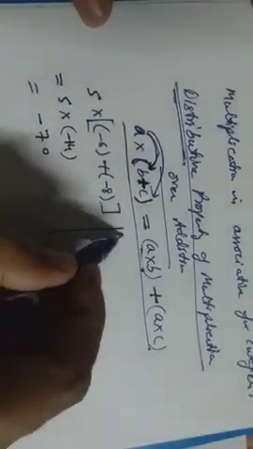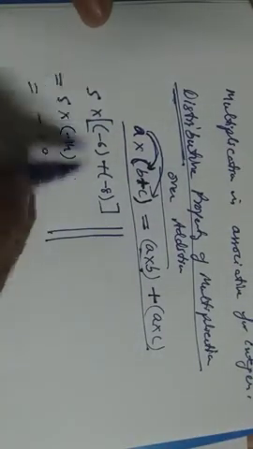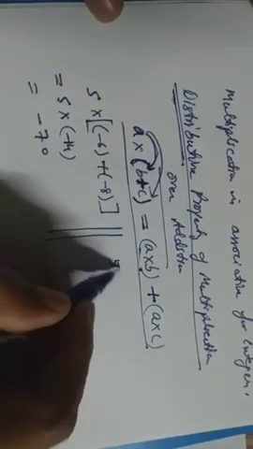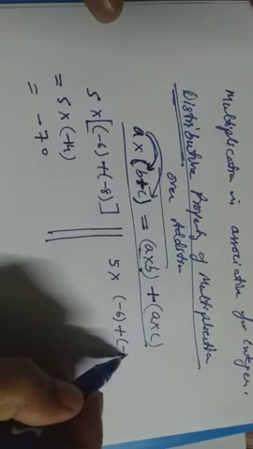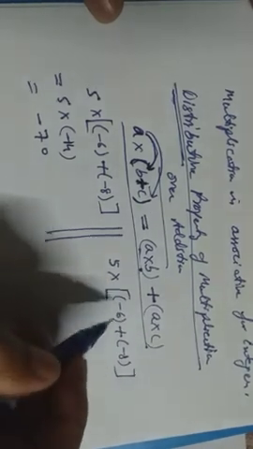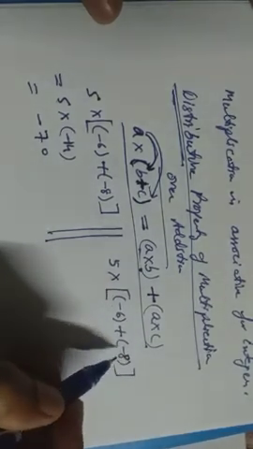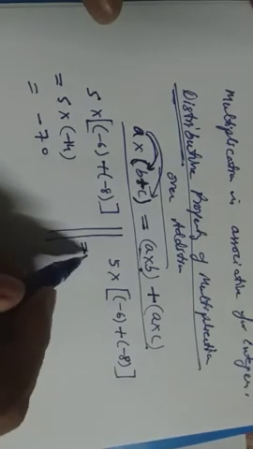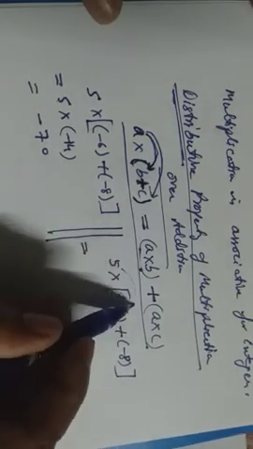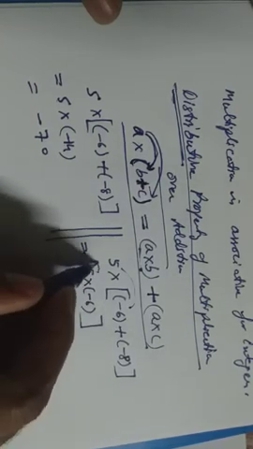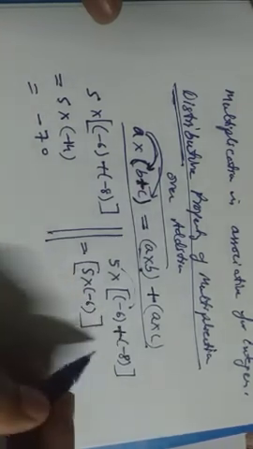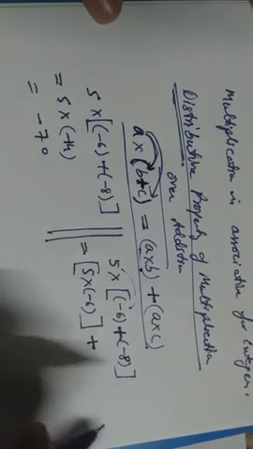Now let us see what happens if the guest goes inside. 5 into minus 6 plus minus 8, they are in the bracket, that means they are at home. 5 is the guest. He will first meet minus 6, that means 5 into minus 6. Then there is a plus sign in between the two members, we'll write plus.